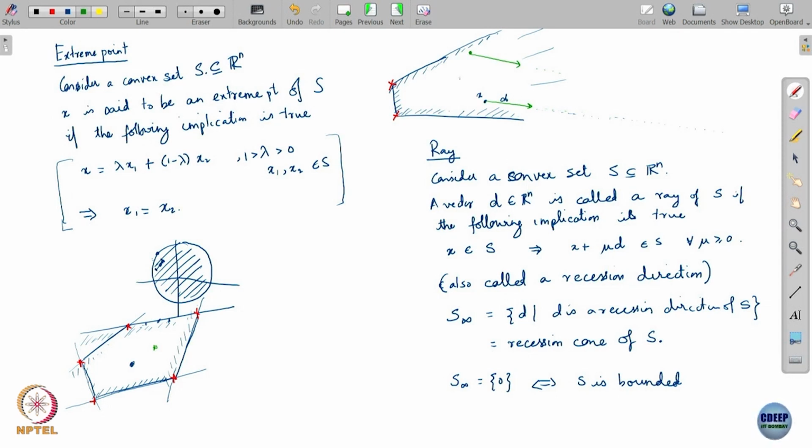There are points here, for example, which cannot be written as a convex combination of these two. So, what is the analogous extension of that earlier observation? The observation is that if you have a bounded polyhedron, then every point can be written as a convex combination of these fixed points, these extreme points.